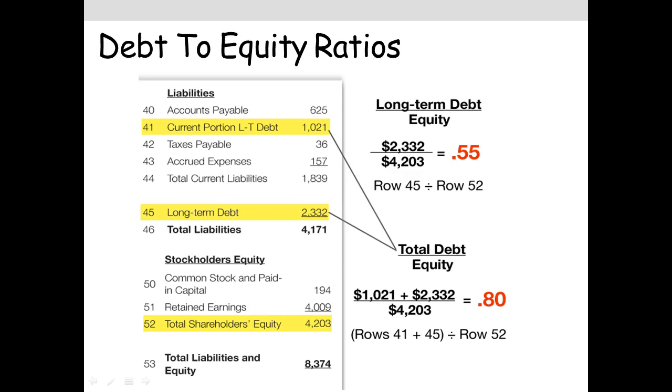Long term debt plus current portion of long term debt, divided by total shareholders' equity: 2332 plus 1021 divided by 4203 equals 0.80. The ratio is higher now, but it's still well below 1, so the financial strength of the company looks solid.